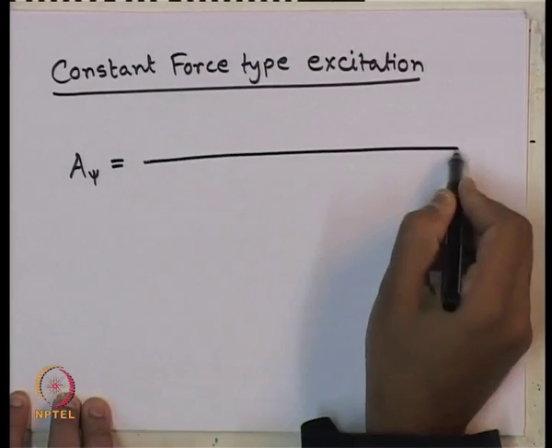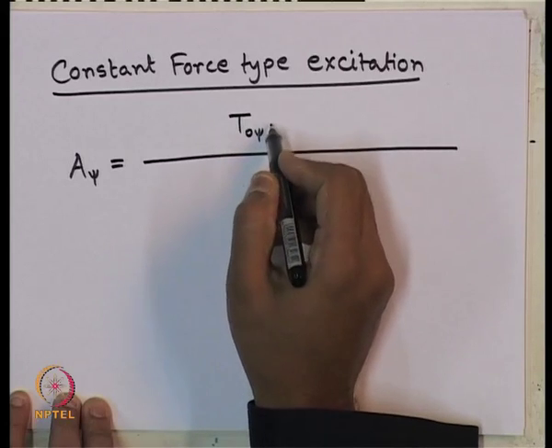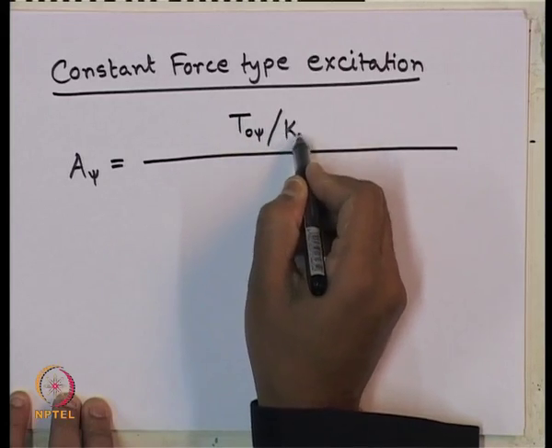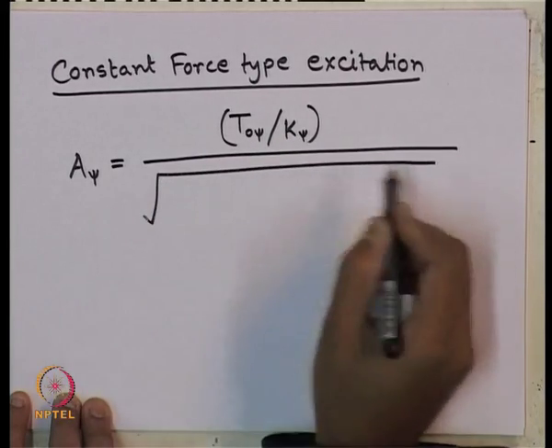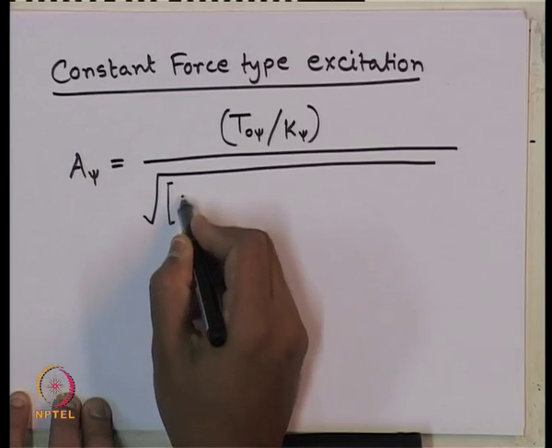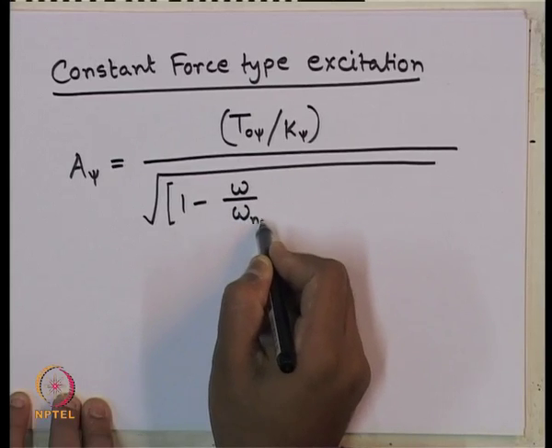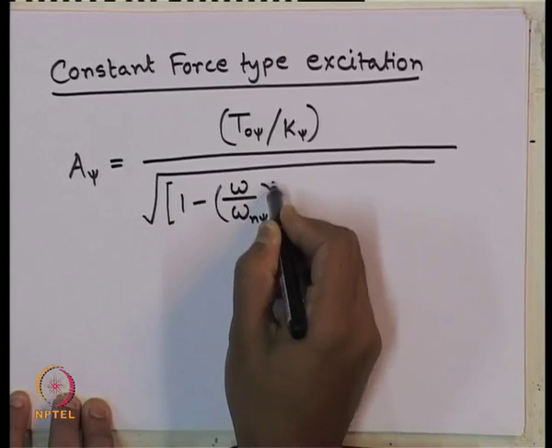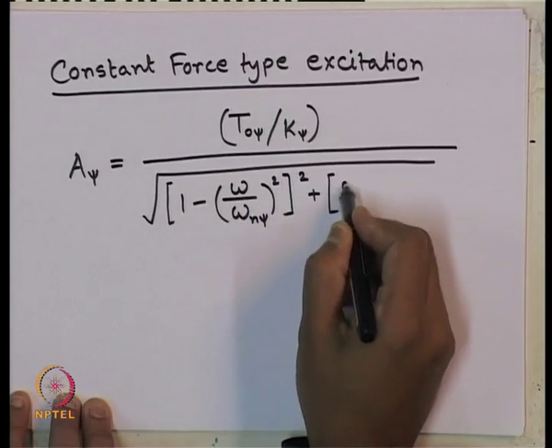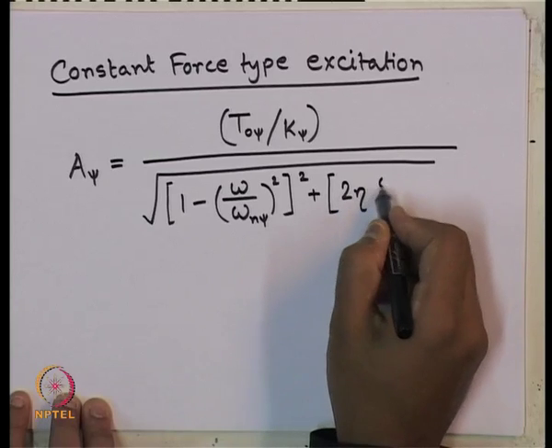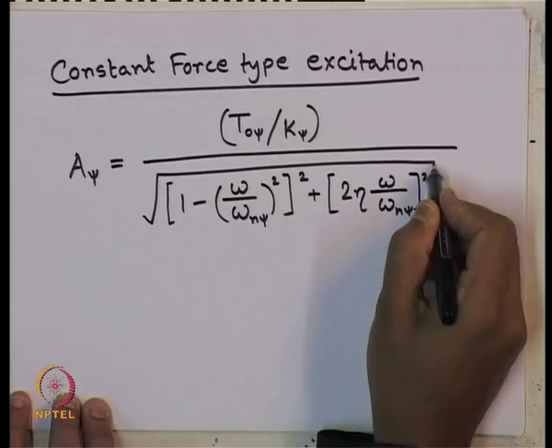It is equal to T naught psi by k psi, divided by root over 1 minus omega by omega n psi whole square, that square, plus 2 eta omega by omega n psi whole square.